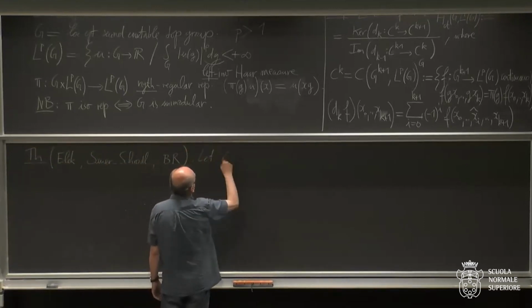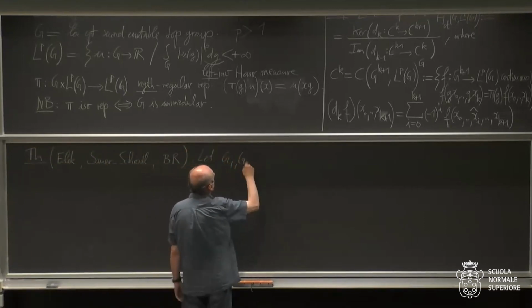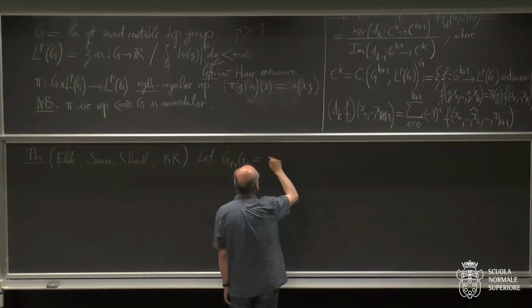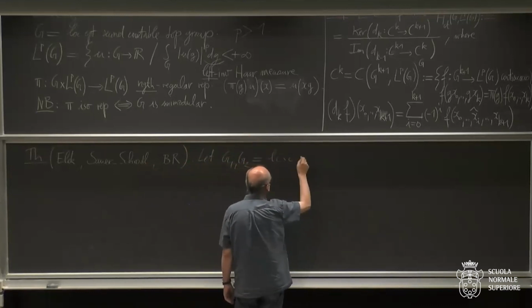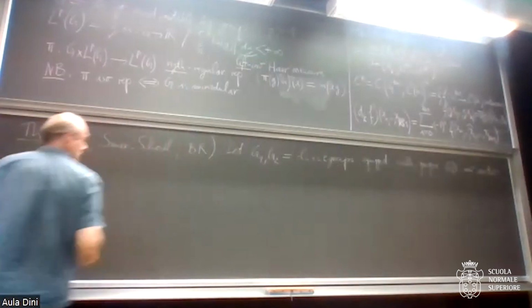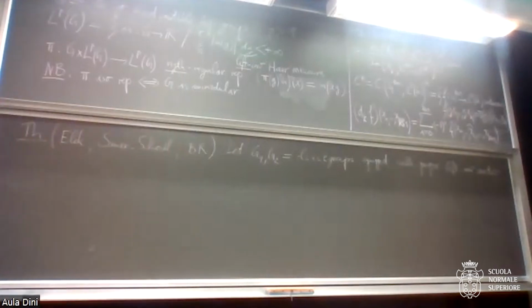Let G1 and G2 be as before, locally compact second countable. When I equip them with metrics, then I can speak of quasi-isometry.